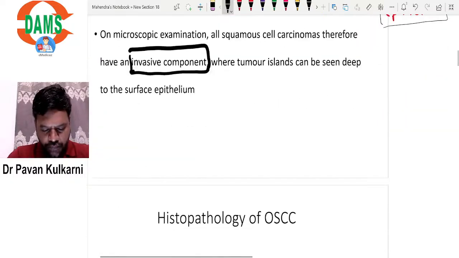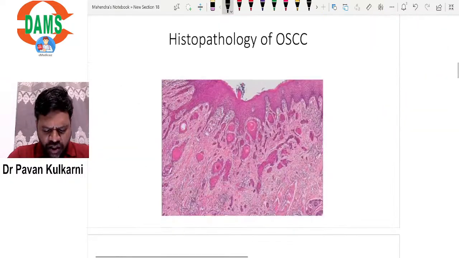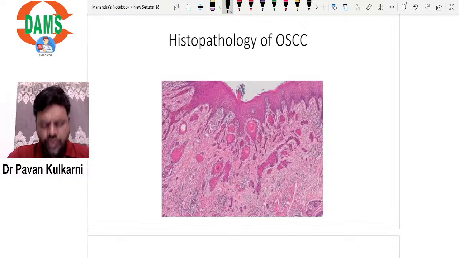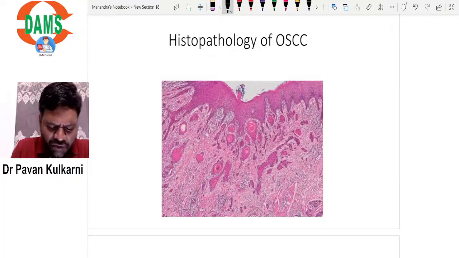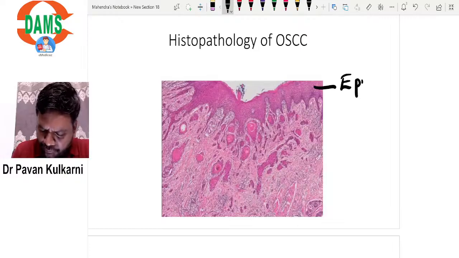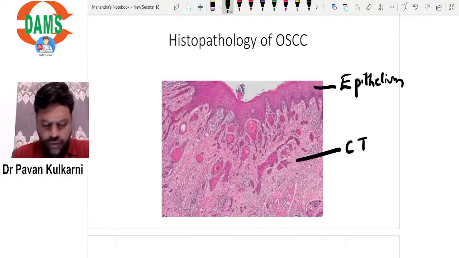To explain the histopathology, I'll use a diagram. This is a very important histological diagram. This is the epithelium, the surface epithelium, and this is your connective tissue.